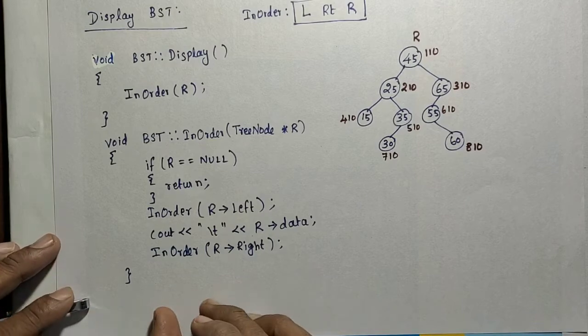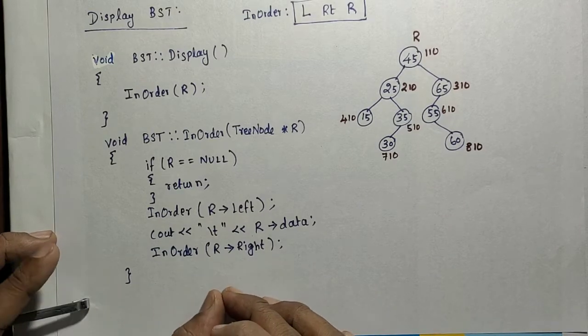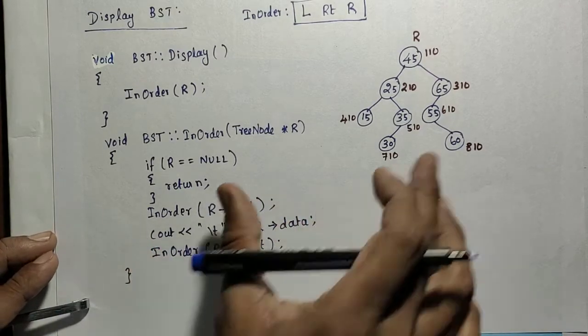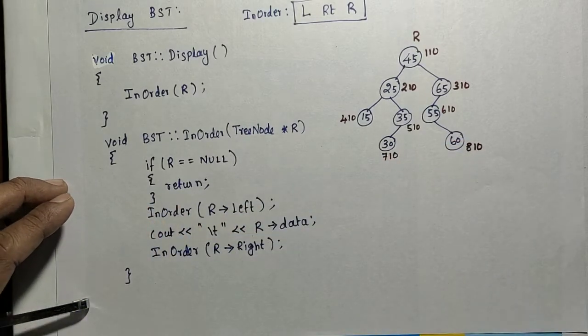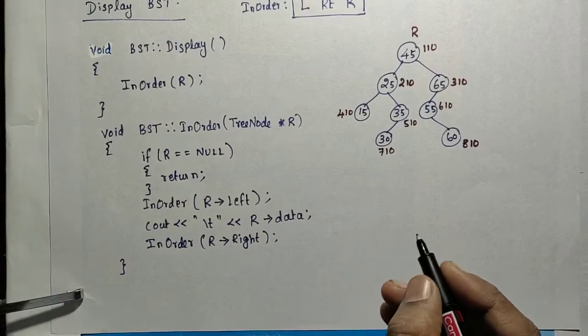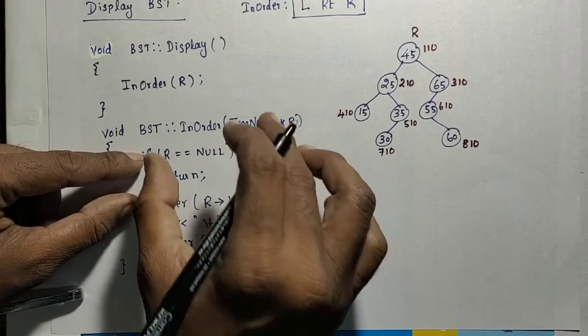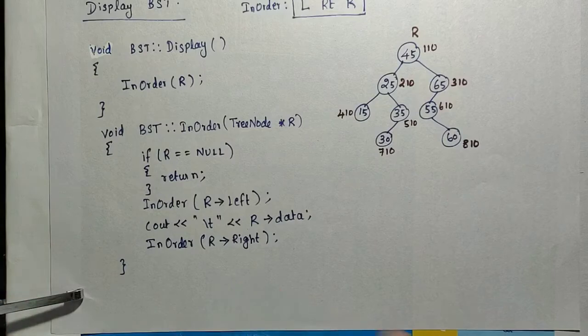Now we will discuss how to understand this function by tracing it. So this is the base case for this in order traversal. The base case is nothing but the termination condition.